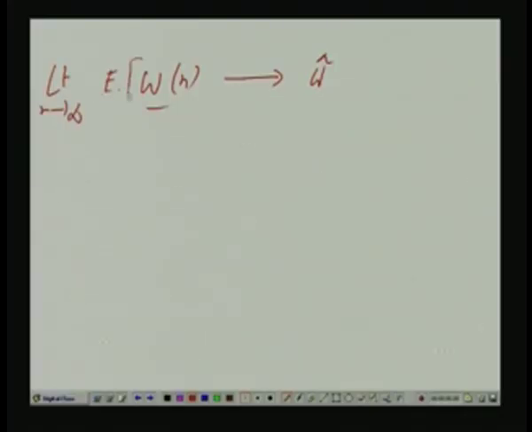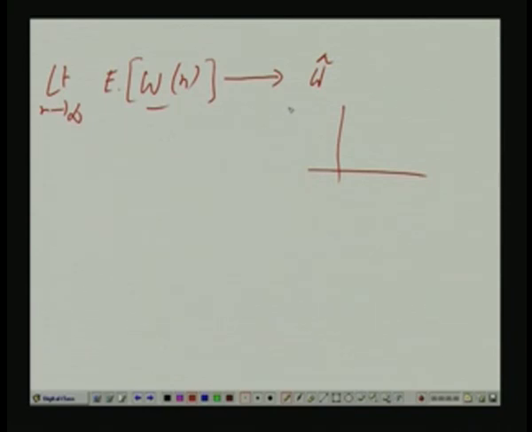But what does converge is the mean of these. The filter weights keep dancing, keep fluctuating, but as time progresses, the DC value across which each filter tap is fluctuating converges to the corresponding optimal value. So, one particular weight say W k n can be like this.